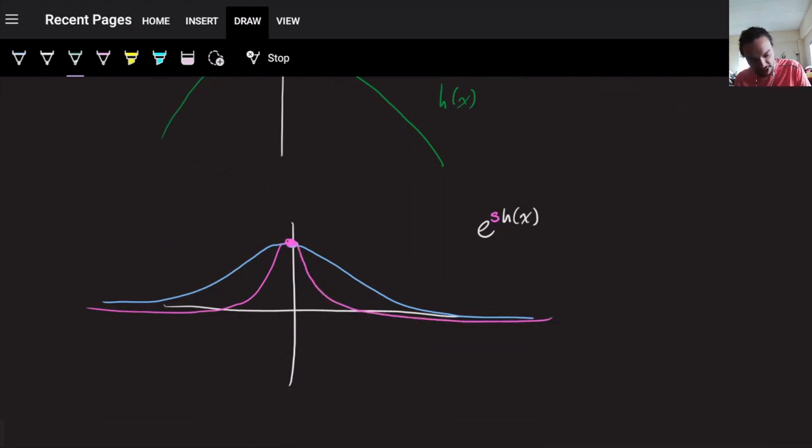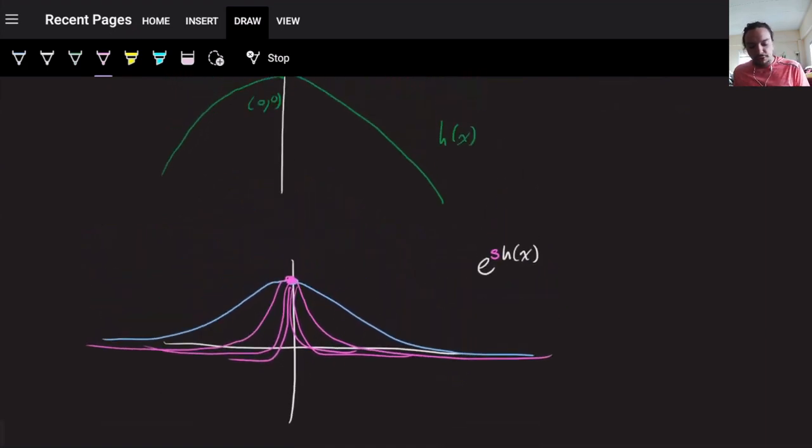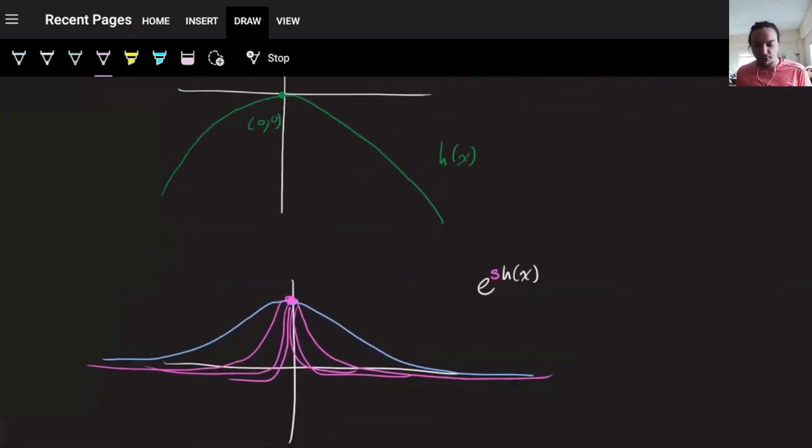So for all the other values, as s grows, this is going to shrink, shrink, shrink down. Okay? But at 0, it'll always stay at 1. Okay. And so you can see that the integral is shrinking to 0 here, and that only the value at h of 0 mattered.